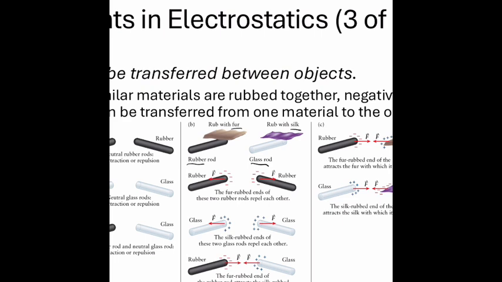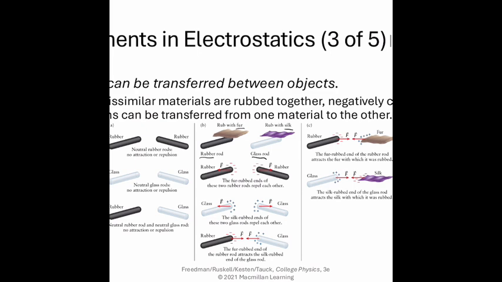And so the reason why these combinations need to happen is because of their electronegativity. So when you rub these two materials together, what's happening is electrons are moving from one material to another. The material that is the most electronegative will be attracting the electrons, and the material that is the least electronegative will be giving up the electrons, okay?